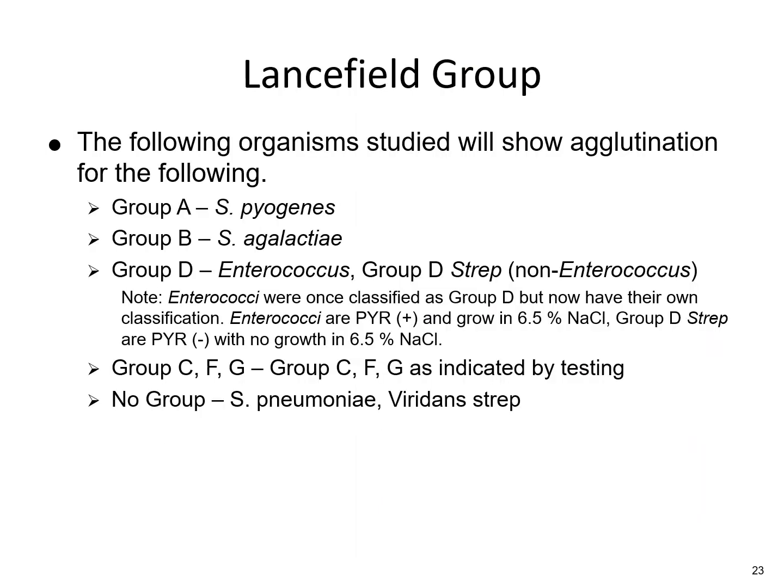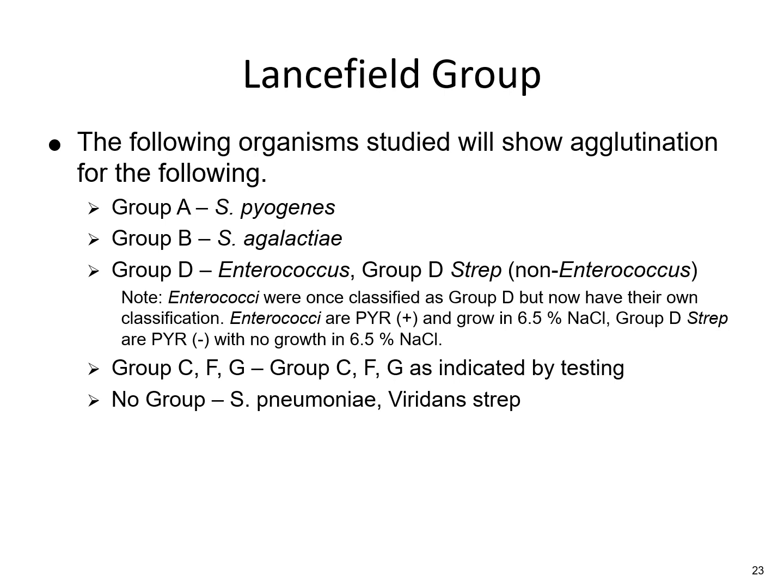So when performing Lancefield grouping, primarily what we're going to discuss will be the ones that we are covering, which is Group A, Group B, Group D, but also you need to know that your Enterococcus was once referred to as a Group D strep. However, it's since been classified into its own separate group.